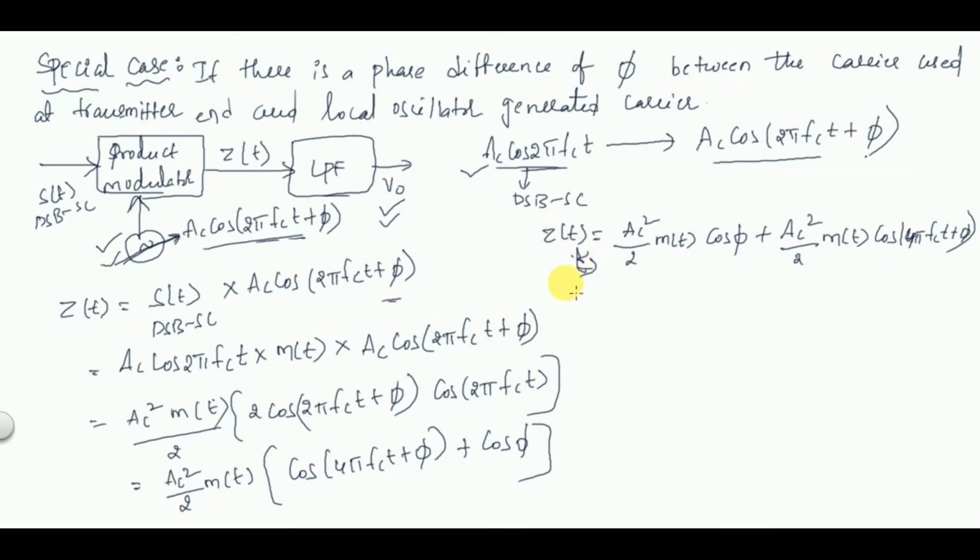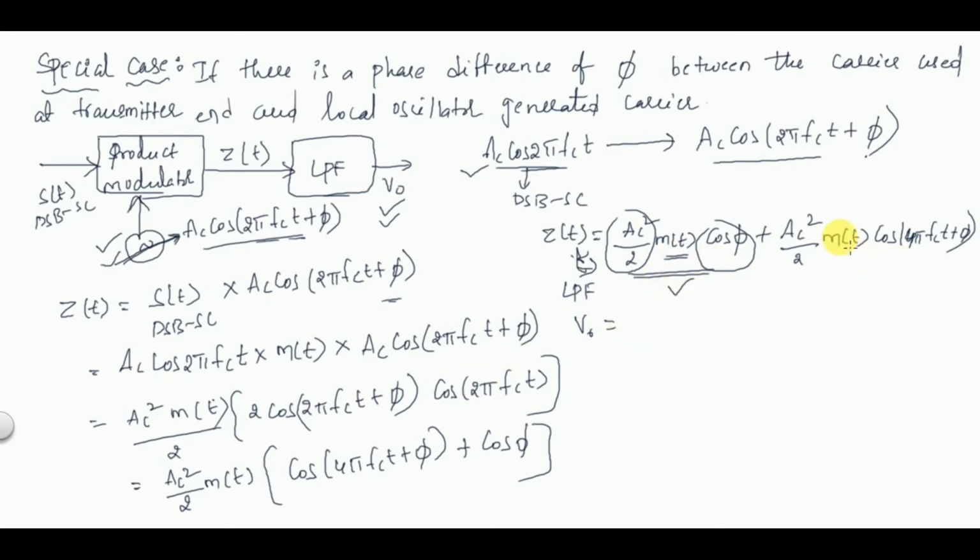Now this output is passed through a low pass filter. If you observe here, the first term has Ac squared by 2, which is a constant, and cos φ is also a constant, since cos of some angle is a constant value. The only signal present is m(t), which is within the low pass filter cutoff frequency. So this term will be passed by the low pass filter.